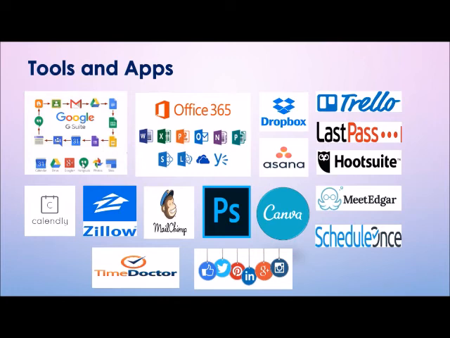Okay. For social media, if you are going to be a social media manager slash VA, you'd be using Hootsuite, Meet Edgar, and of course, our social media apps. Hootsuite is the most common or most famous, where you could post or schedule Instagram posts, and then Meet Edgar, you can use this to schedule posts for Facebook, LinkedIn, and Twitter.